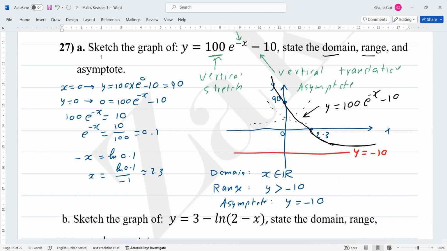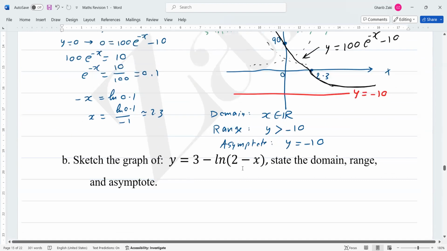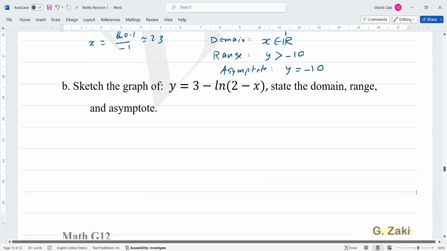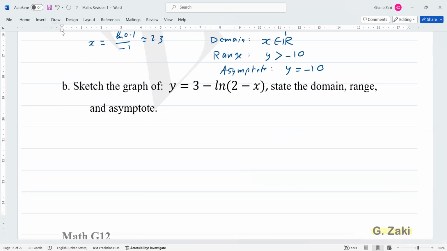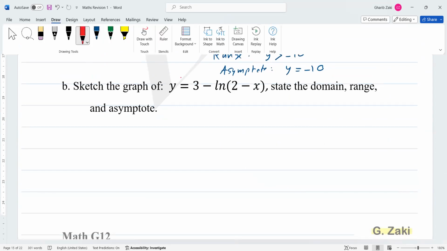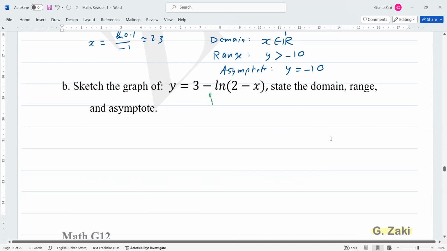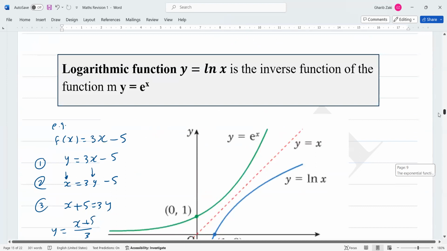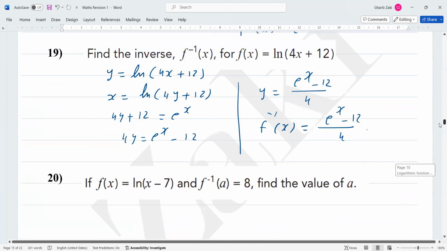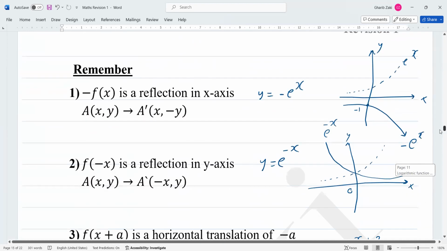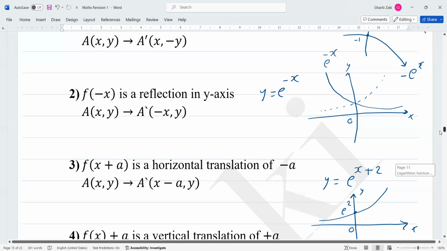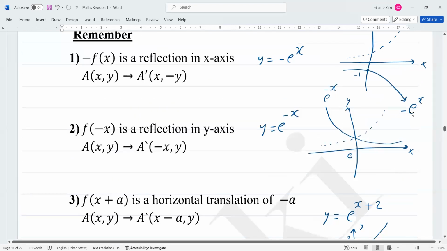Okay, now, what about this len? Follow me, please. We need to sketch step by step. We said if the negative is outside, what does this mean? We go back to the transformation. If the negative is in front of the function, what is the transformation?